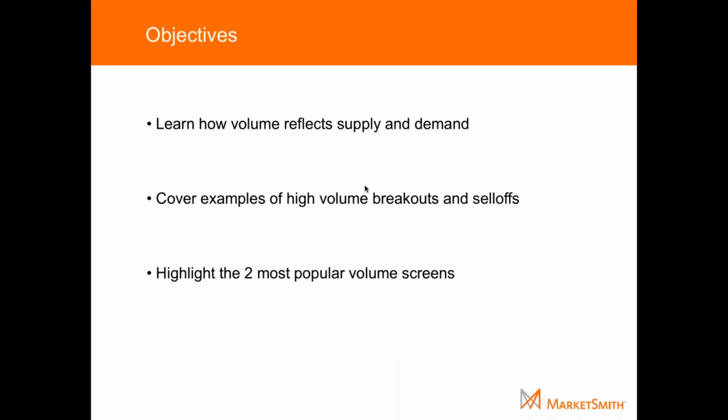Number one, we're going to learn how volume reflects supply and demand. As investors, the main thing we're trying to gauge is supply and demand. We're using CANSLIM to help us find the leading stocks in leading industry groups.